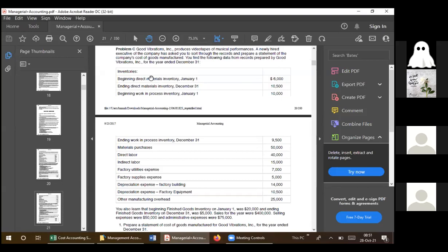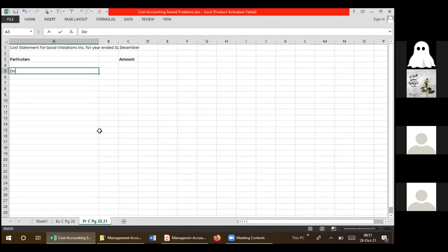So beginning direct materials inventory on January 1st, that's our item, $6,000. We can write it as it is given in the question. Direct materials inventory, and in the inner column we write 6,000.